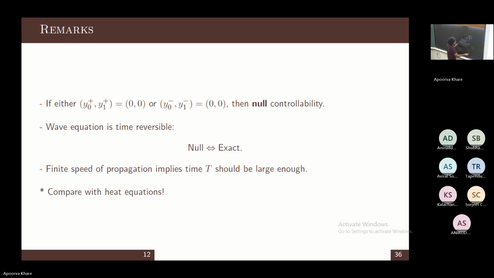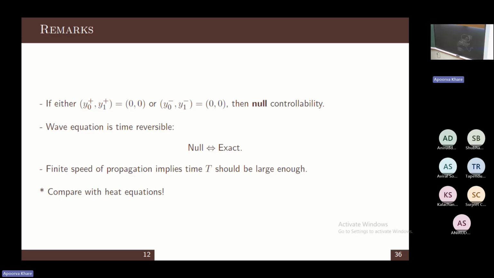And again, using null, I know that I can go from B to 0 as well. But because waves are time reversible, this means that you can go from 0 to B as well. So to go from A to B, you go from A to 0 and then 0 to B. That's why null also implies exact, and because of this nice property, solving control problems for wave equations is slightly easier in some sense.